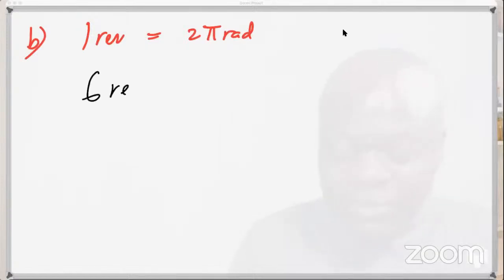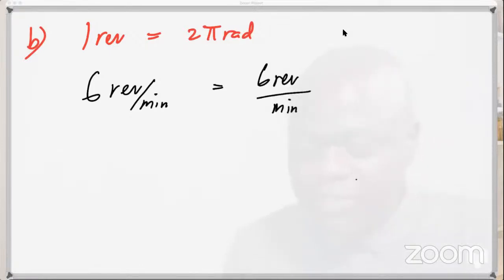start with what was given, 6 revs per minute. 6 revs per minute is revolutions over minutes. Then now I begin my conversion factors. I know the two conversion factors are 1 rev equals 2 pi rad, 1 minute equals 60 seconds.